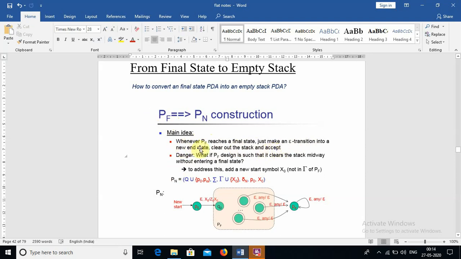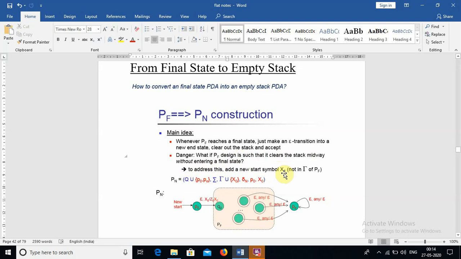Okay, but there is a situation: if the PDA final state is designed such that it clears the stack midway without entering a final state. Before entering the final state, if the stack is already emptied, what will happen? To solve this kind of problem, we add X naught.